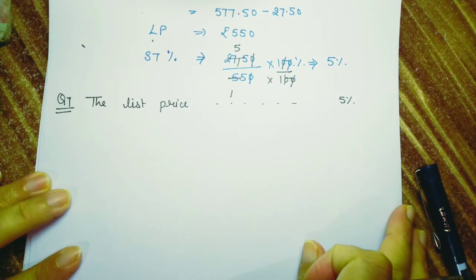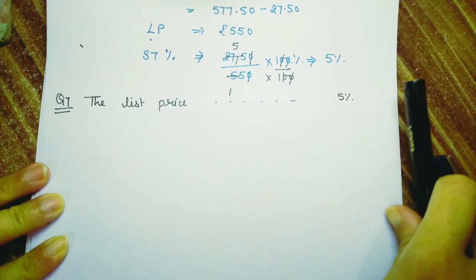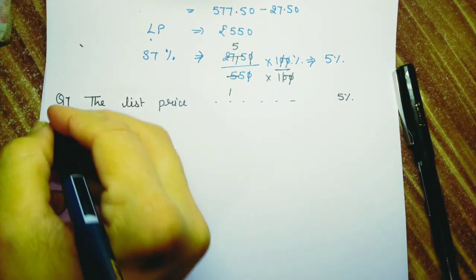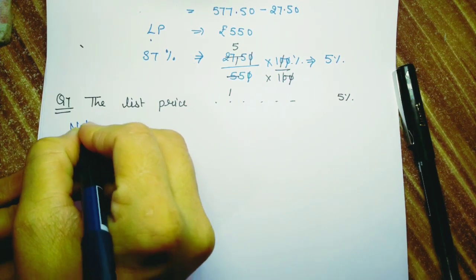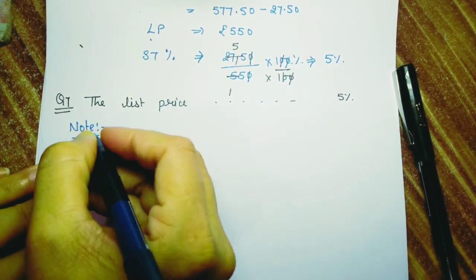Students, in this question, they have given two things: first is discount and second is sale tax. Whenever the sale tax and discount are both given, we have to remember one thing, that first we calculate the discount.